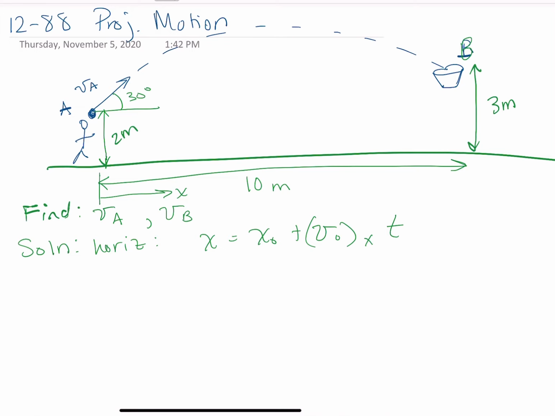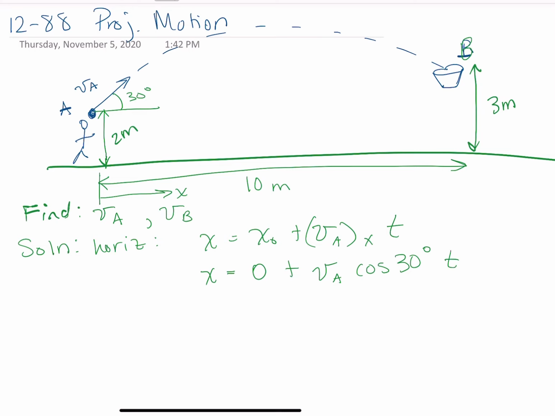So x is going to equal 0 plus that initial, we'll call it v sub A in the x direction. And v sub A in the x direction is just v sub A times the cosine of 30 degrees. And then that's times the time.